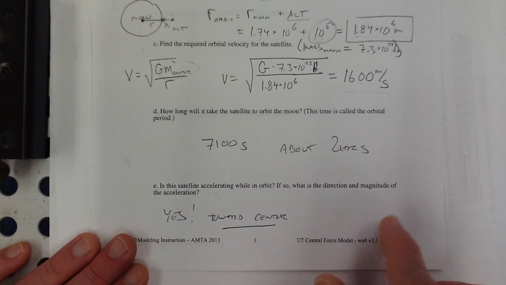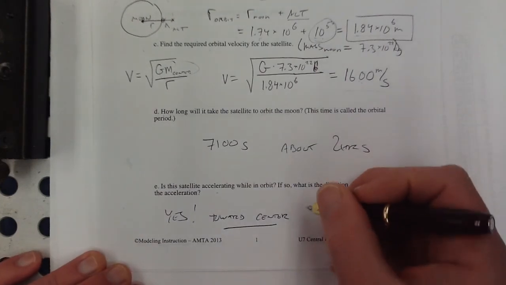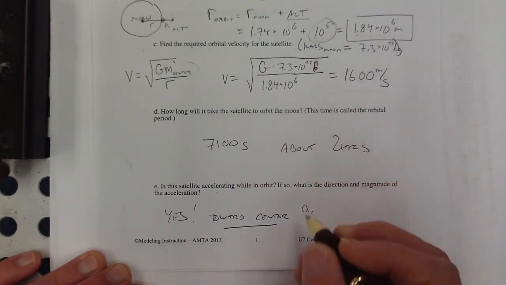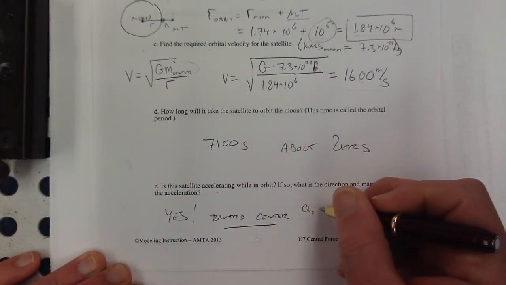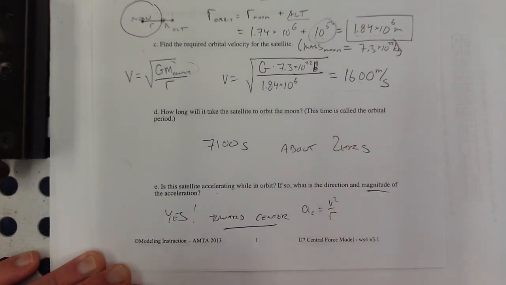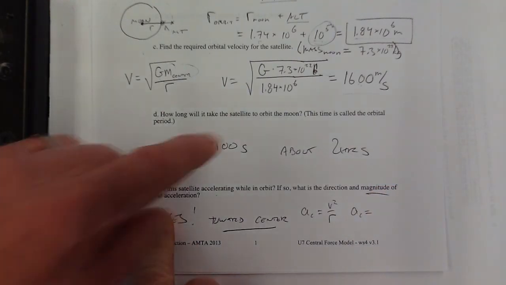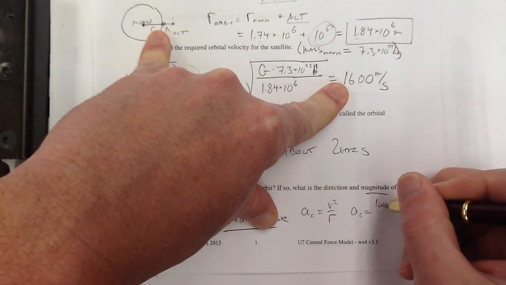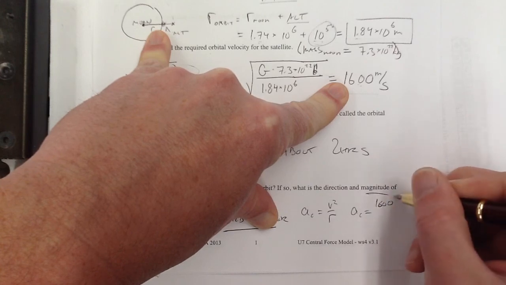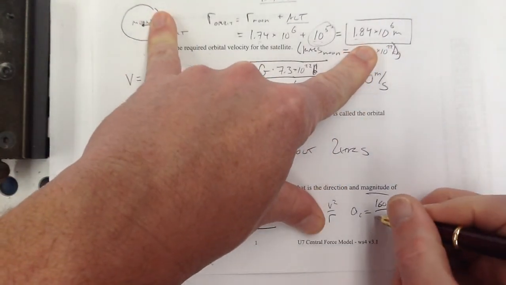What is the magnitude of it? Well, I know that centripetal acceleration is equal to v squared over r, right? That's one of my circular motion equations. So here that's going to be v squared over the radius of the orbit.